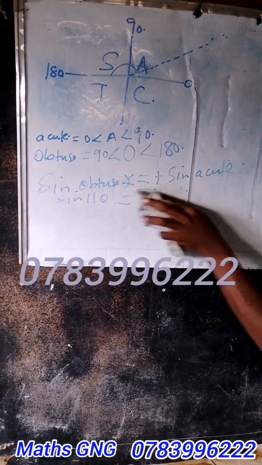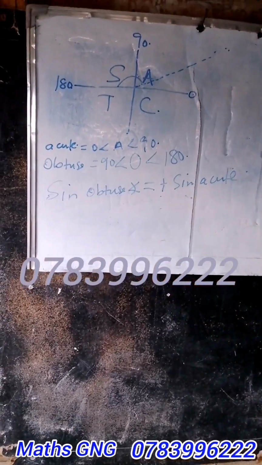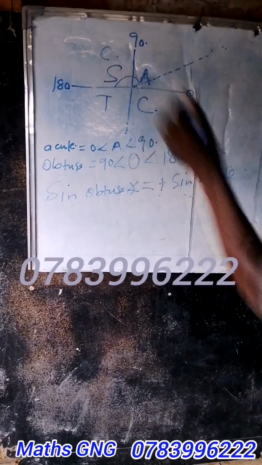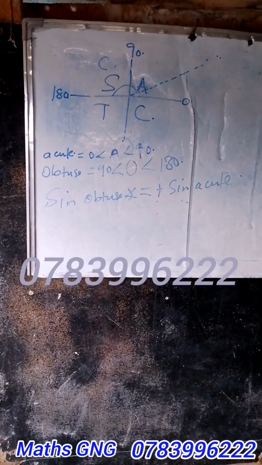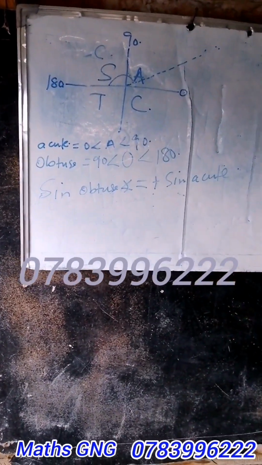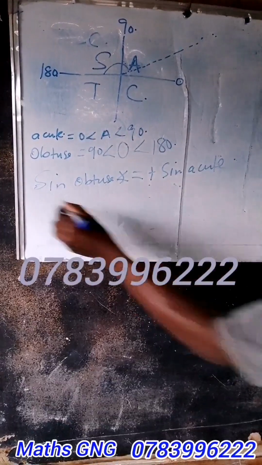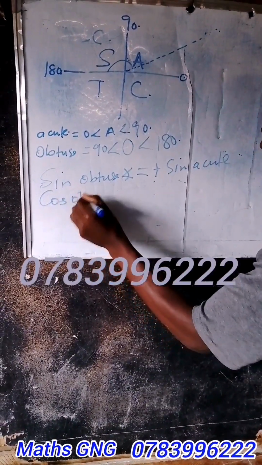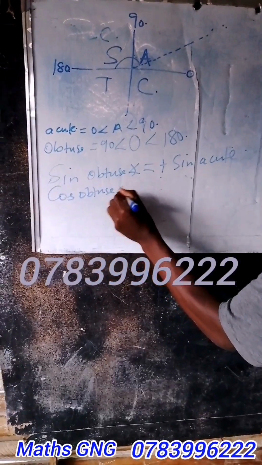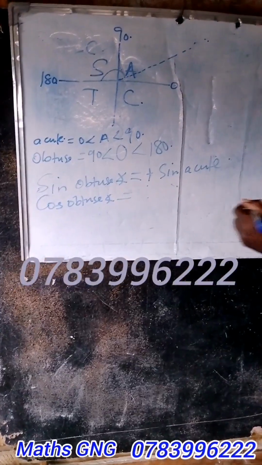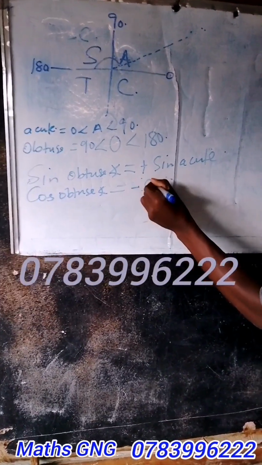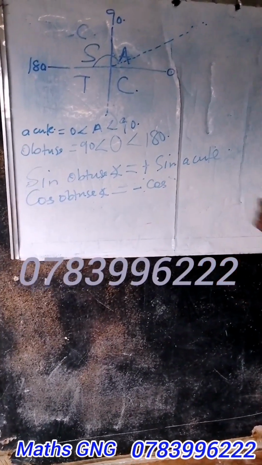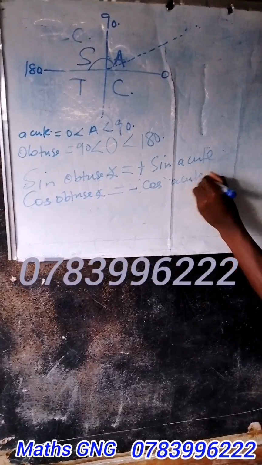What if we take cos? So this cos will be negative. Cos of an obtuse angle is equal to the negative cos of the acute angle.